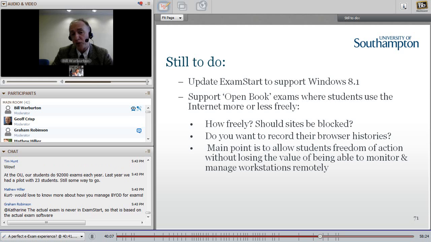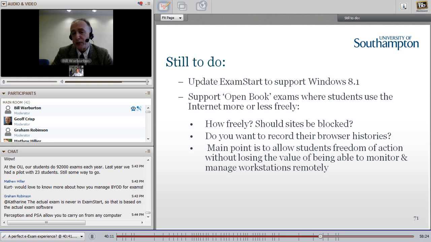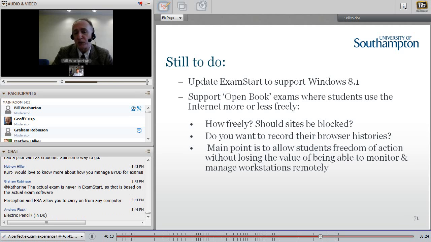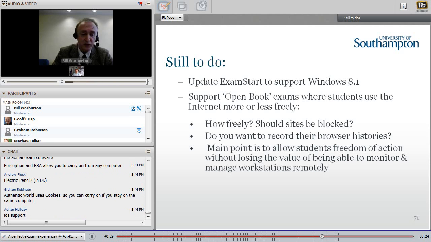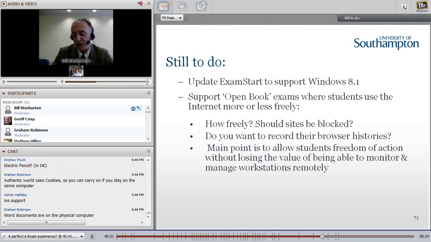But the main point really is to allow students freedom of action without losing the value of being able to monitor and manage their workstations remotely, which from our point of view is a great asset, because it really means that we can head things off at the pass, we can nip things in the bud, and we can really fix people's problems almost before they know they've got a problem. We can pop down there, be at a student's elbow, while they're still wondering if there's a problem or not. And it's a bit spooky for the student, but it's great for us.